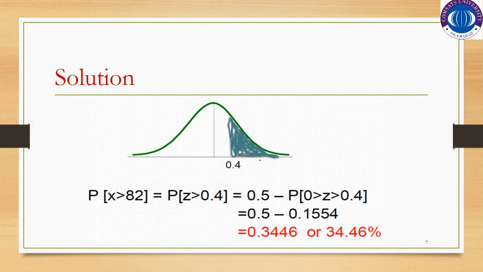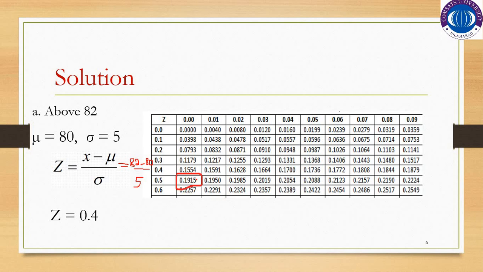Again, the problem is in the table we can find the area between 0 and 0.4, but we will not have the area above 0.4. So what we will do, we know that all this area is 0.5, and the area between 0 and 0.4 you can see from the table, which is 0.1554.